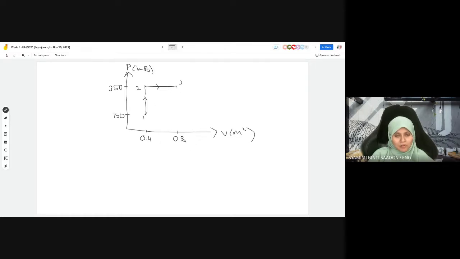So the process from point 1 to 2 and then 2 to 3: 2 to 3 is at constant pressure, because we don't add any pressure to the piston anymore. Only from point 1 to point 2 we add pressure, and when we heat the air, only the volume changes, the volume is double.